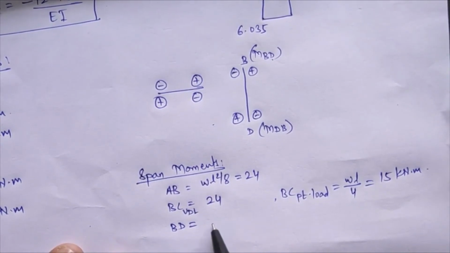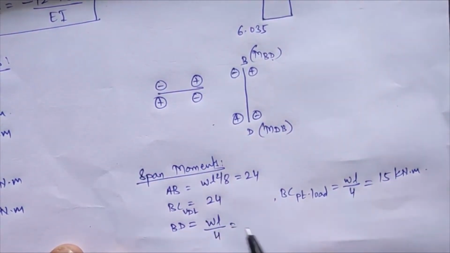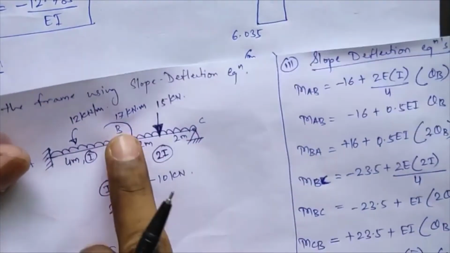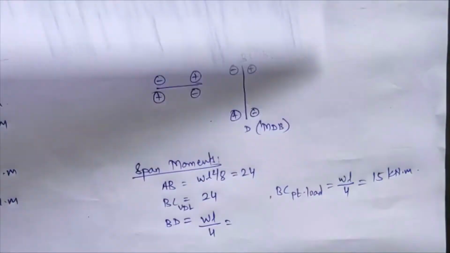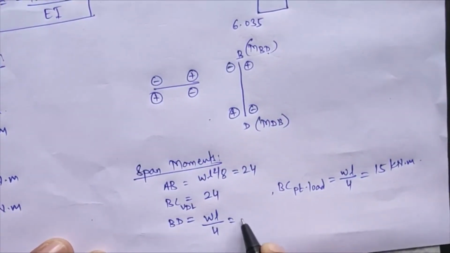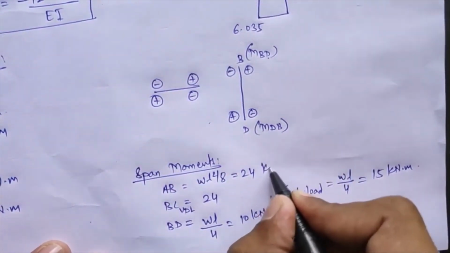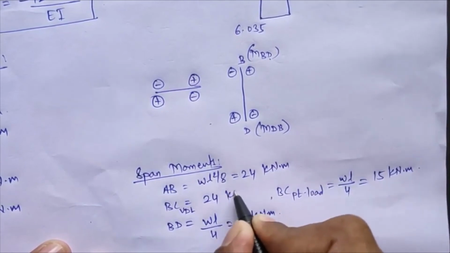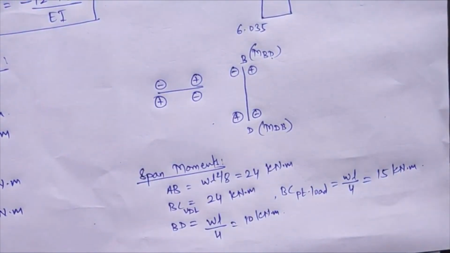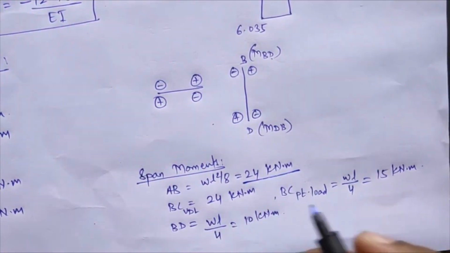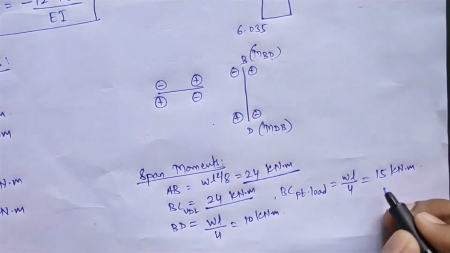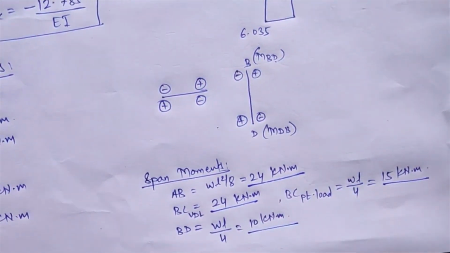And same for span BD, again WL by 4. Here loading is getting changed, that is in span BD your load is 10 over there. So 10 into 4 divided by 4, again I'll get as 10 kilonewton meter. So this will be my span moments over there. Okay, that is AB I am getting as 24, BC I am getting as 24, here 15, and here I am getting as 10 only.